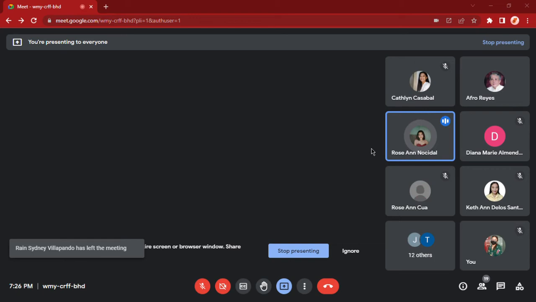Assets, current assets, 168,000, cash, 184,000, accounts receivable, 270,000, inventory. Ipag-add lang po yan, 168,000 plus 184,000 plus 270,000 is equal to 622,000.